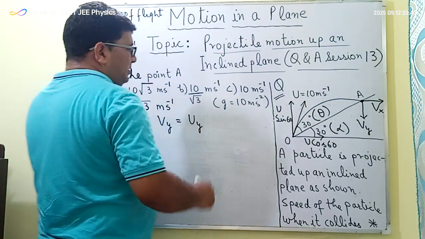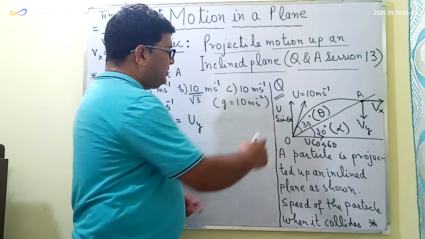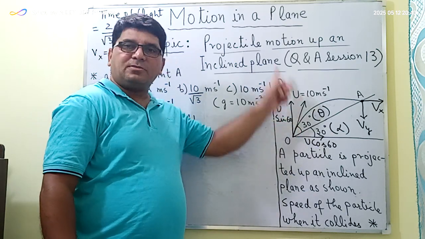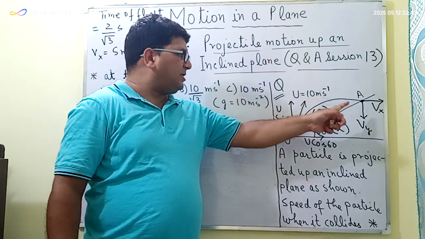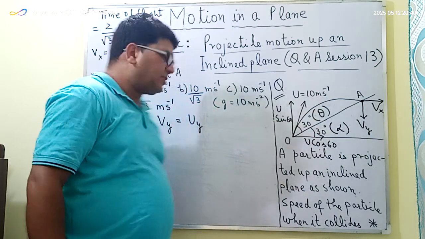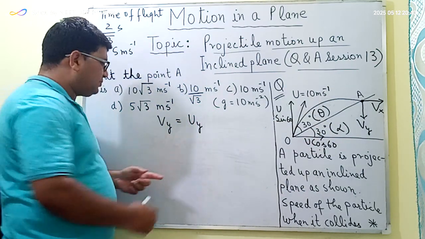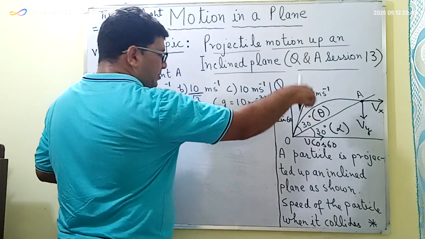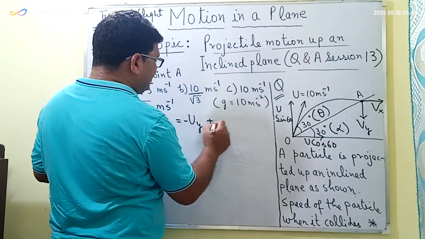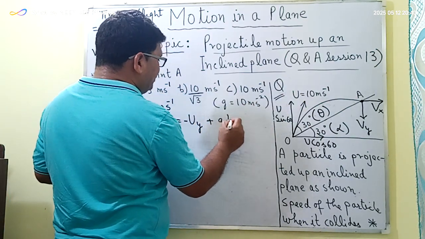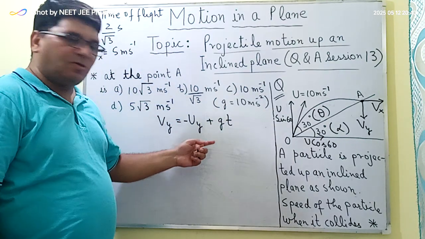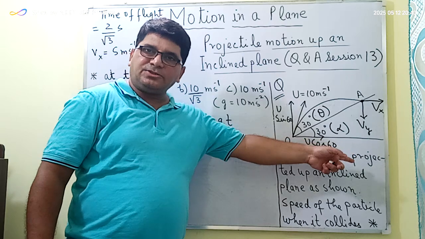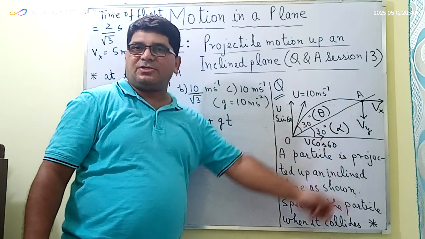Now the initial vertical component is vertically upward, whereas the direction of Vy is vertically downward. So if Vy is taken as positive, Uy will be taken as negative, and this will be equal to plus gt. Now g will be taken as positive here because the direction of Vy is the same as that of the acceleration due to gravity.